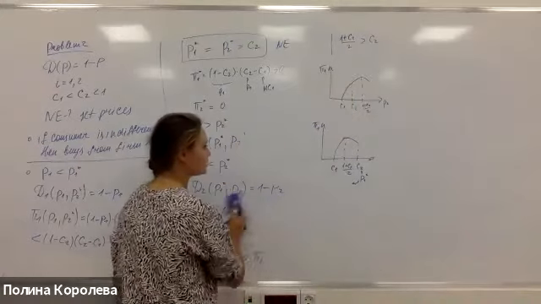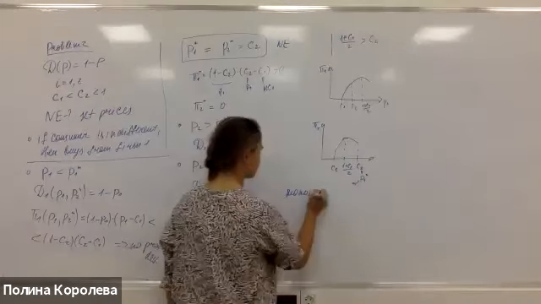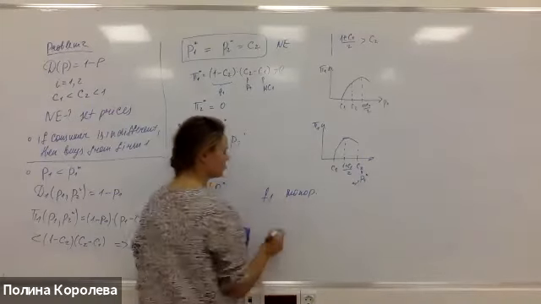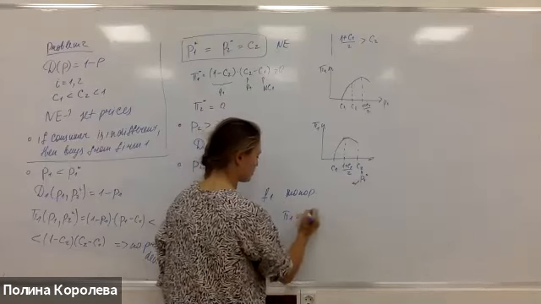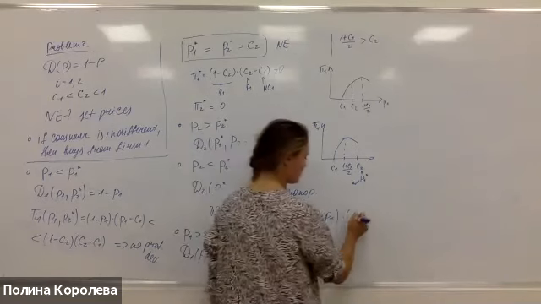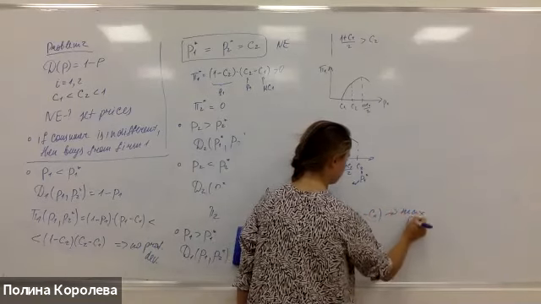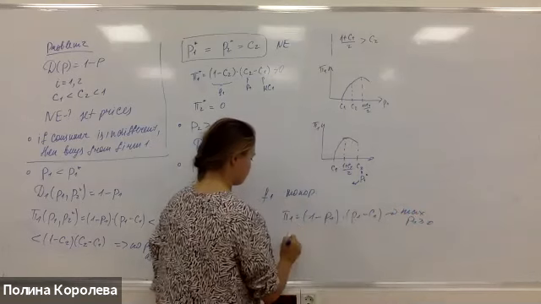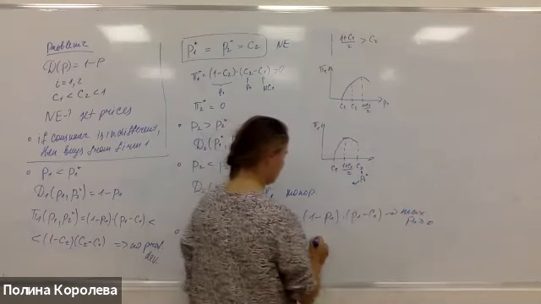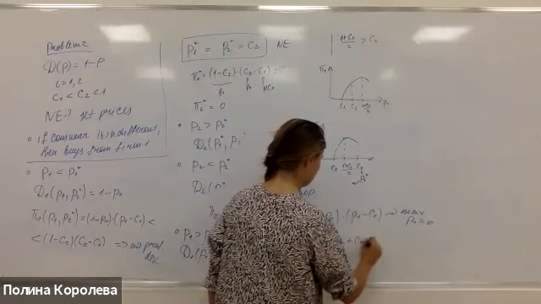Why (1 plus C1) divided by 2? If the first firm is a monopoly, her profit is what? 1 minus P1 is the quantity, total sales, multiplied by P1 minus C1. And when we maximize it by choosing the price, the first derivative, 1 minus 2P1 plus C1 equals 0.